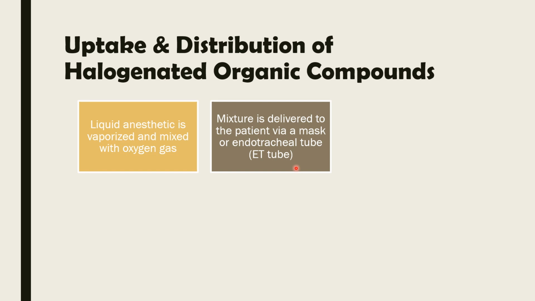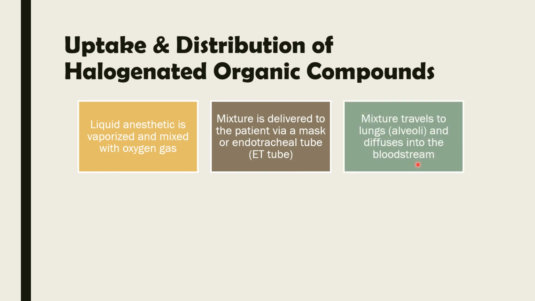Third, the mixture will travel to the lungs, to the alveoli, and diffuse into the bloodstream. In the alveoli is where the gas exchange will take place, and the gas will diffuse into the bloodstream.